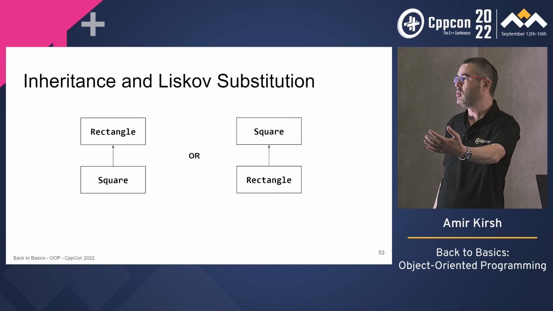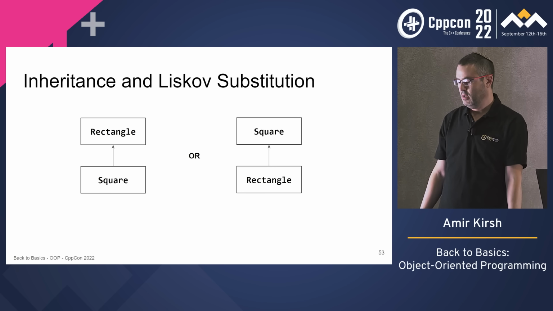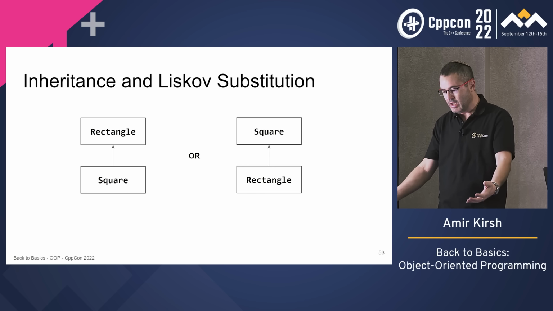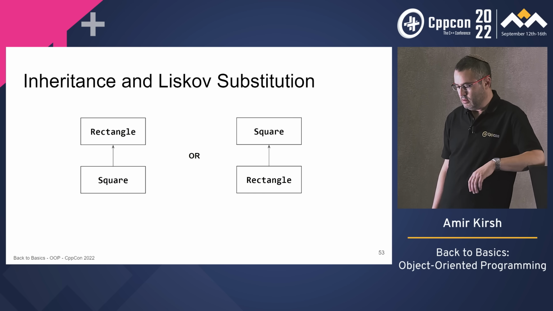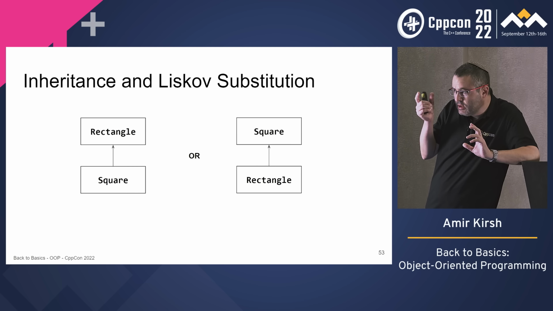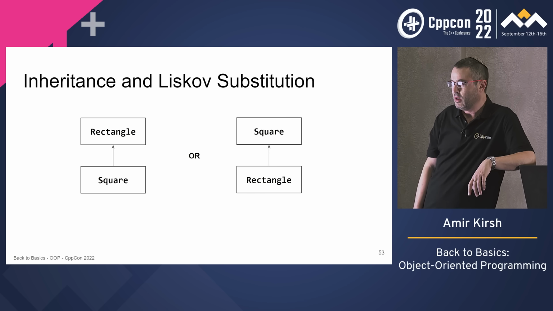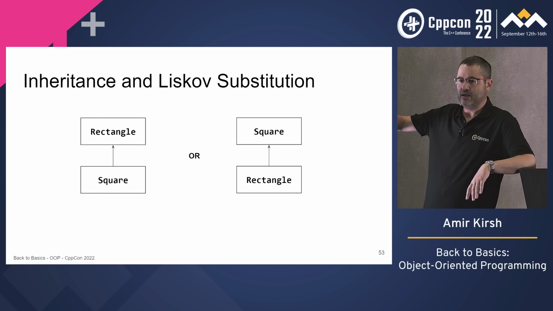So if I can do something with the base, the derived should be usable as the base. In which case, which should be the right one? Well, square is a kind of rectangle, but the properties don't fit so well. You can find blogs on that.